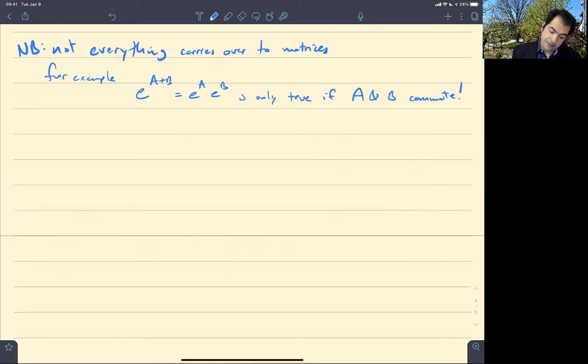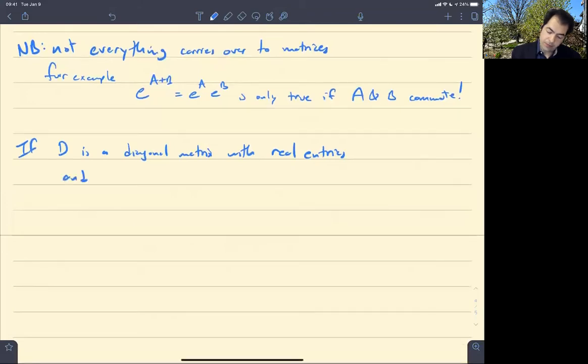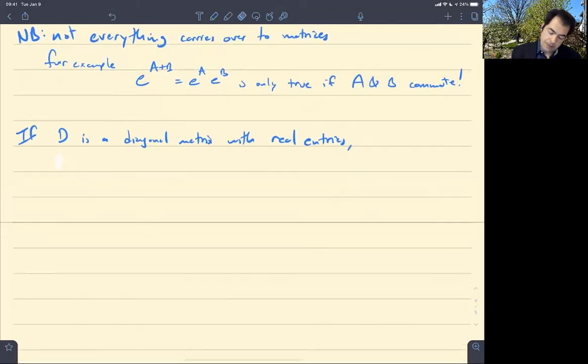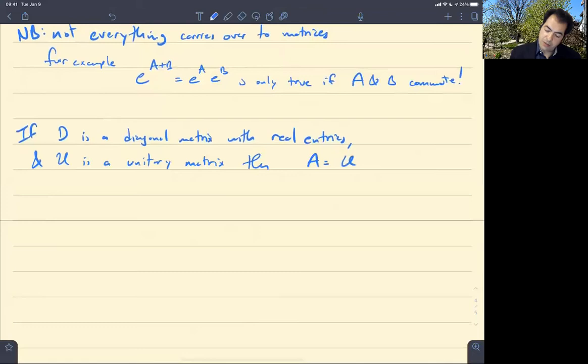So if D is a diagonal matrix with real entries, U is a unitary matrix, then the matrix A, which is given by U D U star, is Hermitian.